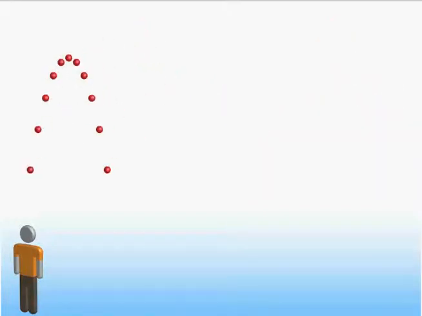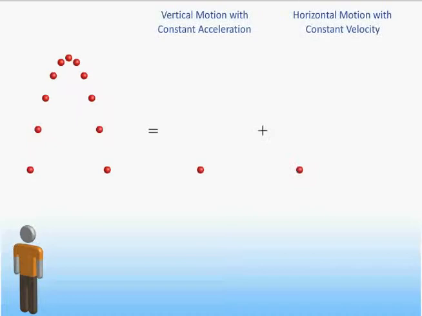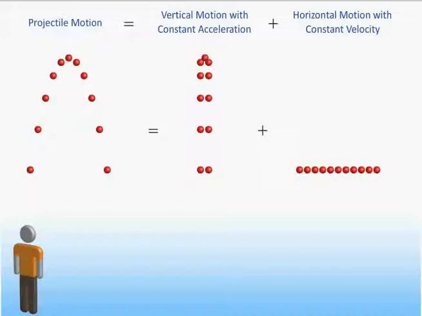In fact, what he sees is the combined motions of constant acceleration in the vertical direction and constant velocity in the horizontal direction. Wow! It looks like projectile motion can be explained as simply free fall viewed from a moving reference frame. We'll discuss this approach of relating the observations of the same motion from two different reference frames in more detail in the next pre-lecture.